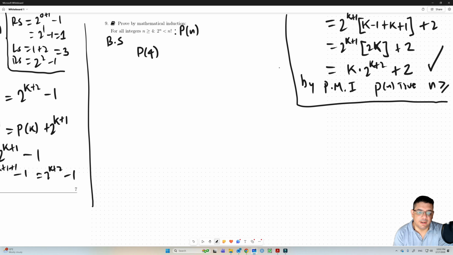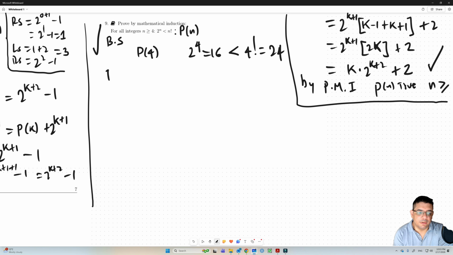Notice that 2 to the 4, which is 16, is less than 4 factorial, which is 24. So the basis step holds.